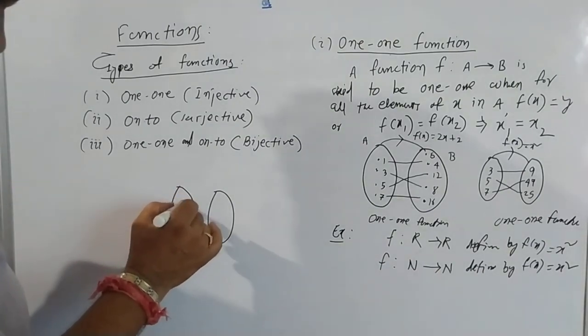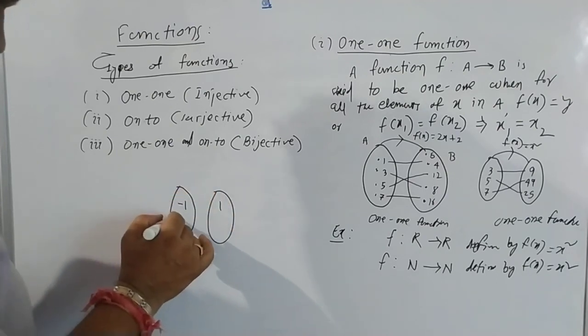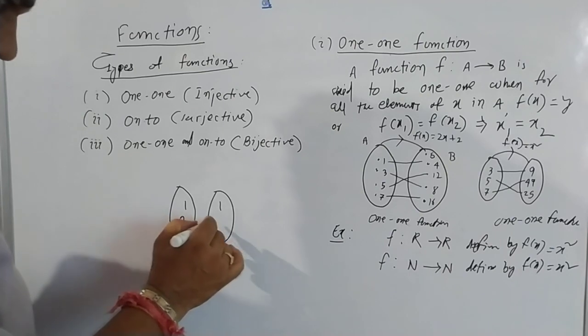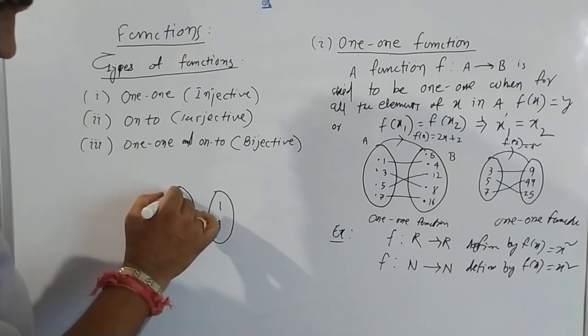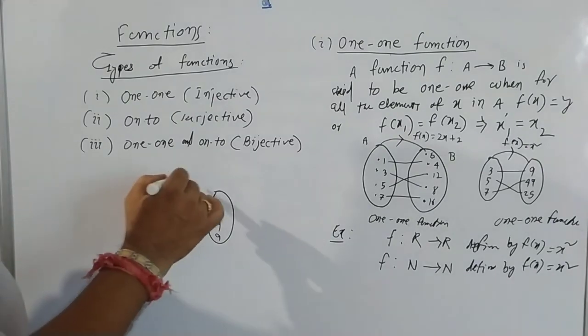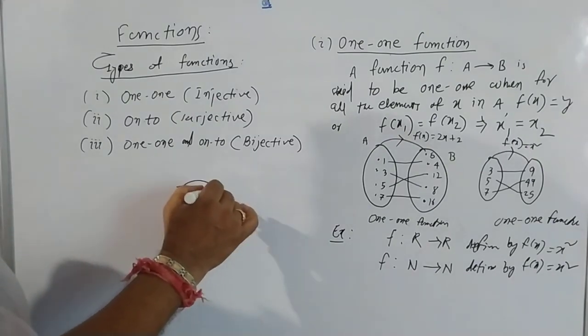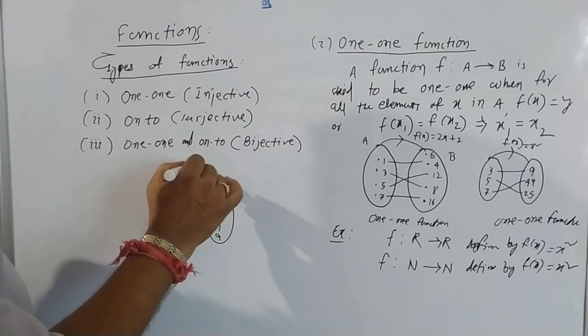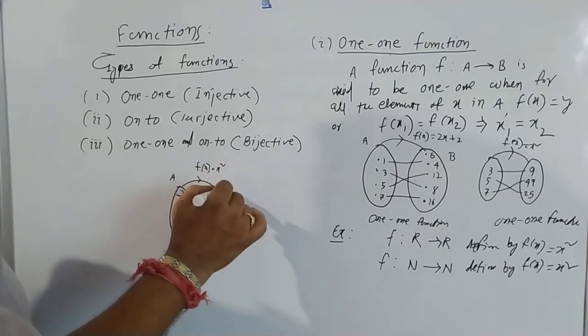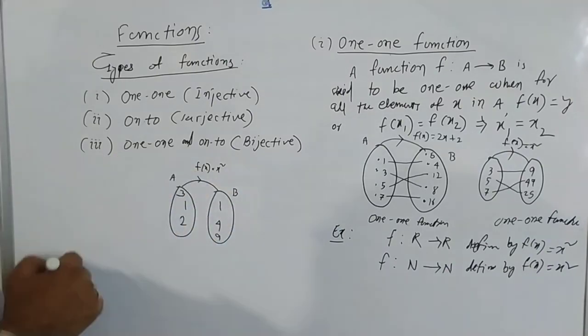Minus 1, 1, 2, 4, or 3, 9. Okay, so this is f of x is equal to x square.